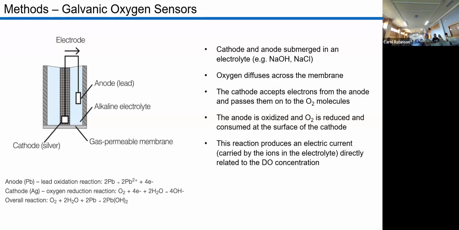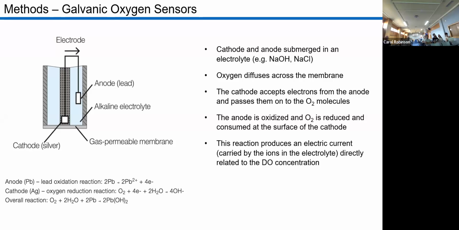So the anode is oxidized and the oxygen is reduced and consumed at the surface of the cathode. And this reaction produces an electric current that is directly related to the dissolved oxygen concentration in your sample or in the ambient seawater.